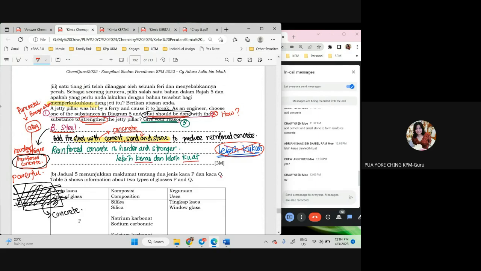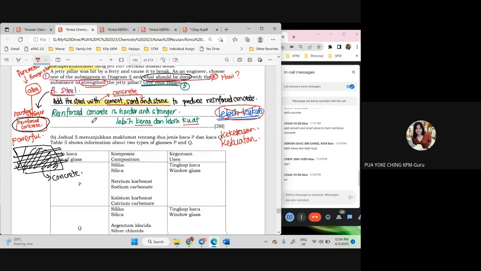Sebab kita bandingkan kekuatan dan kita bandingkan kekerasan. So, itu perbandingan kita. So, in BI is senang sikit, harder and stronger. Walaupun dekat sini is strengthen sebab dia tak ada word lain. So, BM dekat sini tak boleh ya.